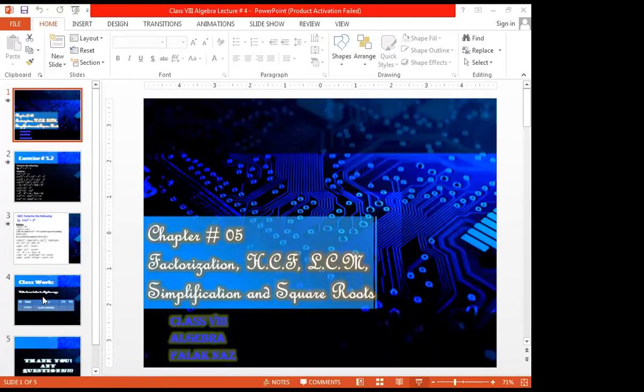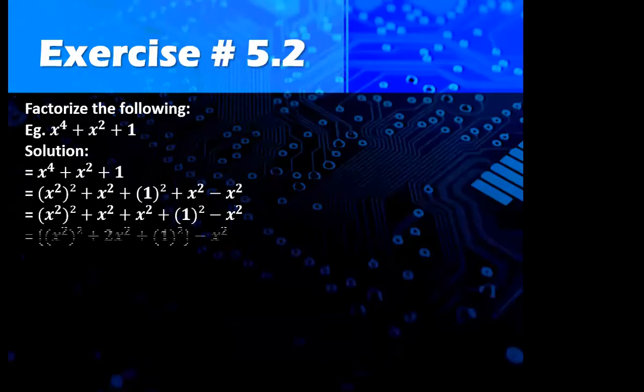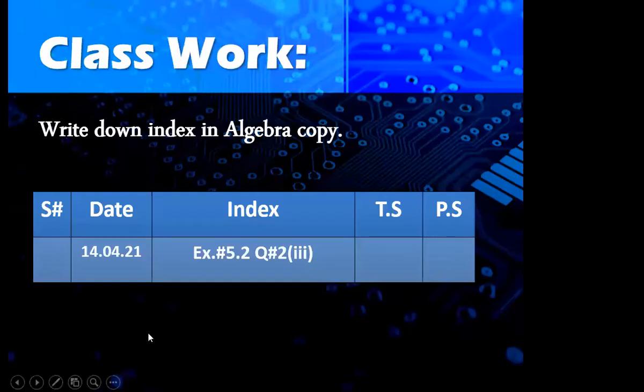Now start your work. Open your copies and write down the index in your copies, everyone. Hurry up, write down the index in your copy. This is your index: exercise number 5.2, question number 2, bit number 3, and start solving it.